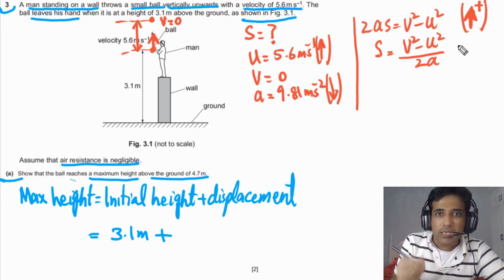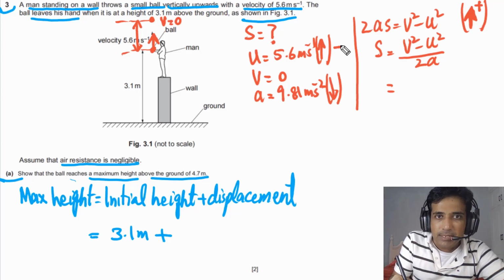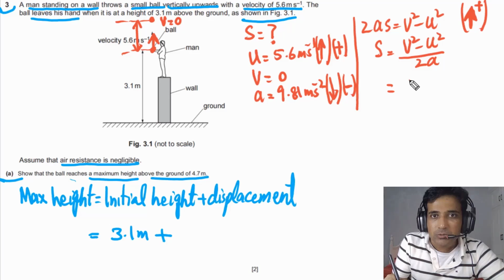If we take up as positive, it means that initial velocity is positive, but acceleration is negative because it is in the opposite direction. Now simply we need to plug in values. So this is 0 squared minus 5.6 squared, divided by 2 times negative 9.81.